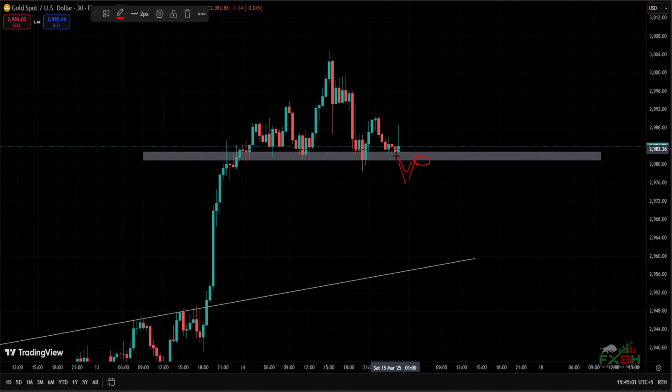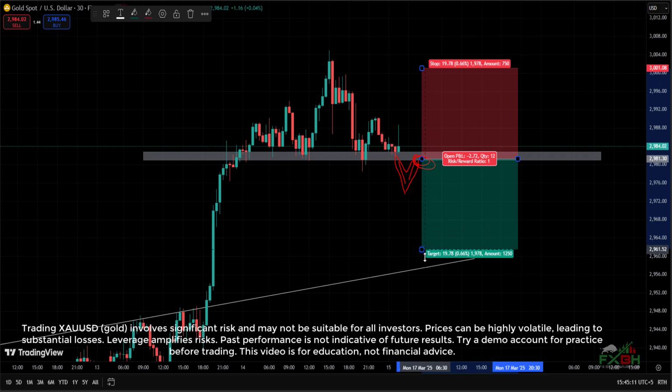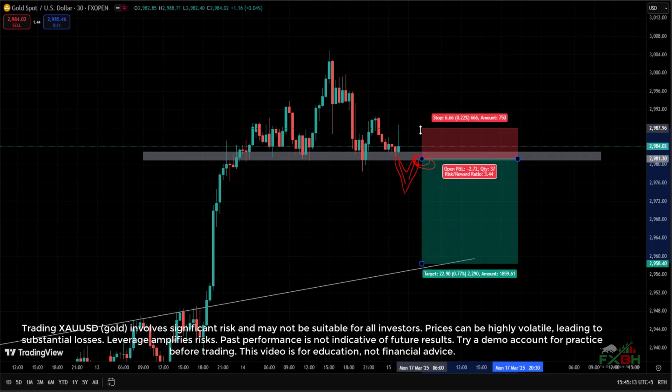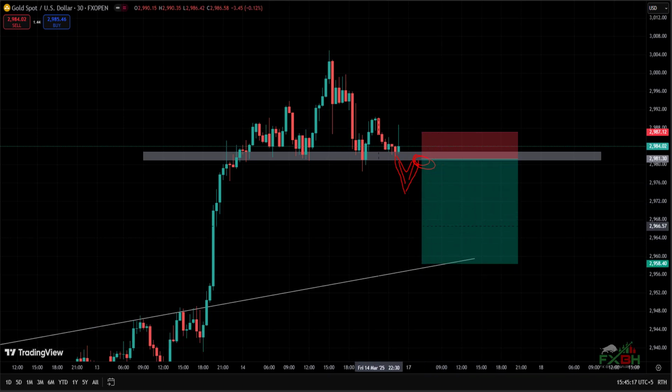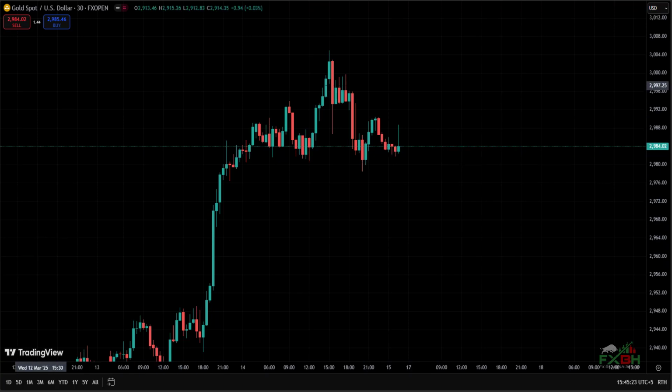Listen, firstly we have to wait for the breakout, then we have to wait for the pullback, then we can take entry around that area on the pullback. Then we can take the entry with 1:3 risk reward ratio. You can take a screenshot to check the position or the area.